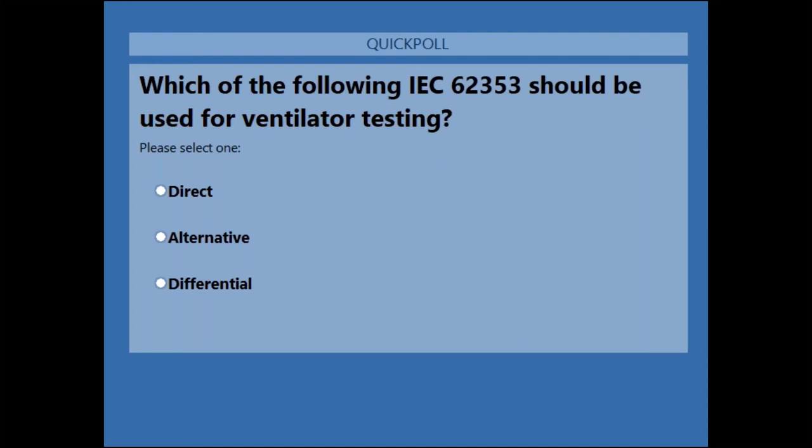So that means we typically will have an accessible test ground point, protective earth point, and whether or not we have a conductive non-grounded test point for our touch current leakage. So here's the question: which of the following test methods should we use for ventilator testing? And you get to just pick one. So Maria, you can open the poll so they can respond.